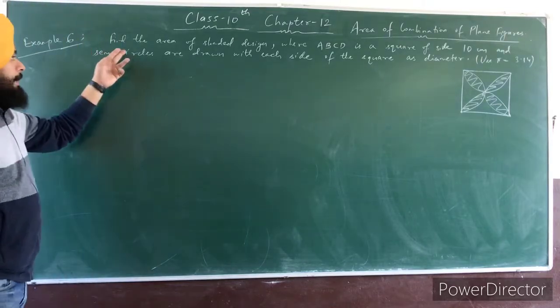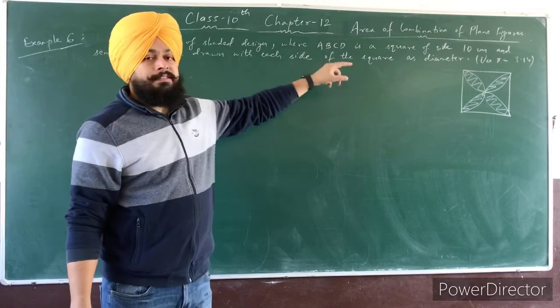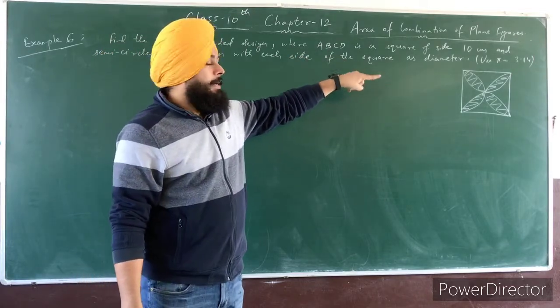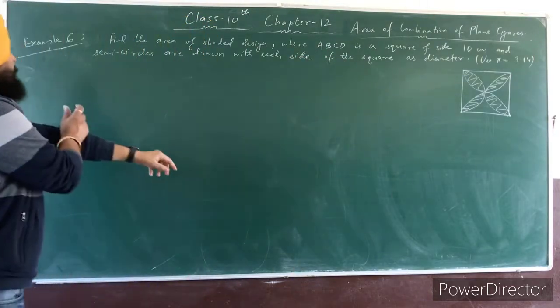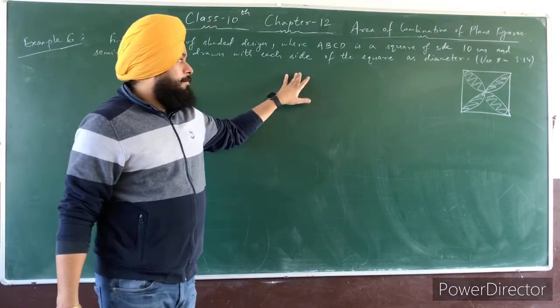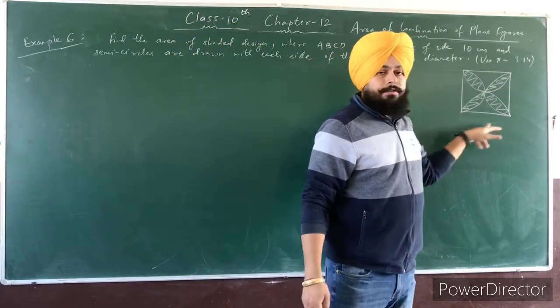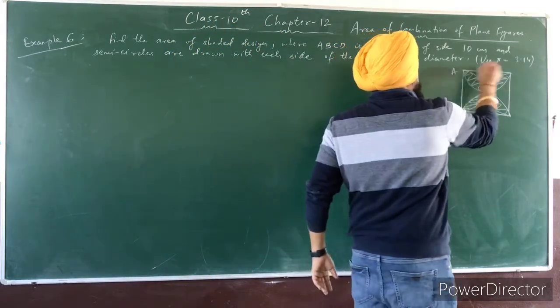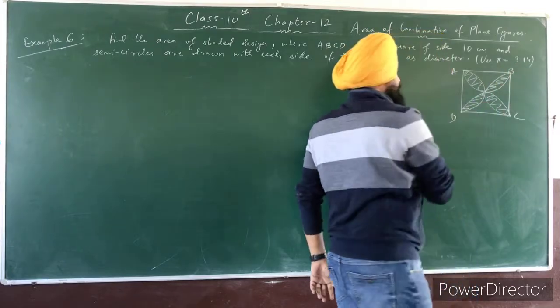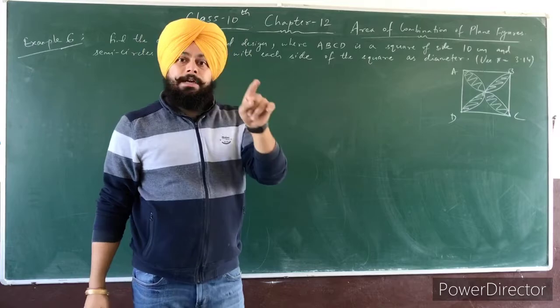Example: find the area of the shaded design where ABCD is a square of side 10 centimeter and semicircles are drawn with each side of the square as diameter. So you can see here this is a square, name it A, B, C, D, and there are 4 semicircles drawn with each side.